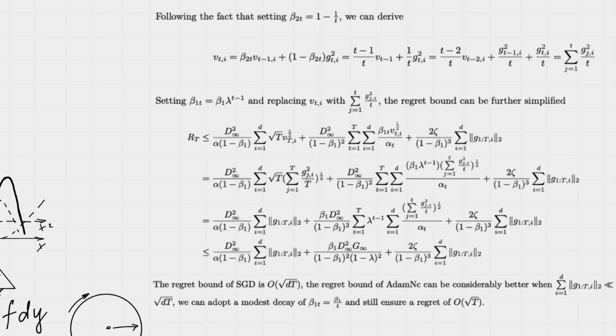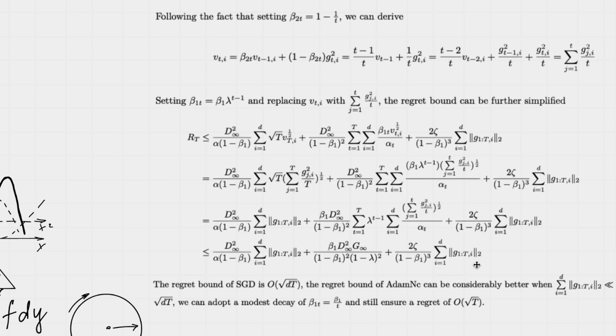Let us set beta 2t to be 1 minus 1 over t. Plugging into the recursion of vt leads to the closed form of the squared sum of gradients over t. By setting beta 1t to be beta 1 times lambda to the power of t minus 1 and replacing vt with its closed form, the regret bound can be further simplified and can have the following reinterpretation as here.